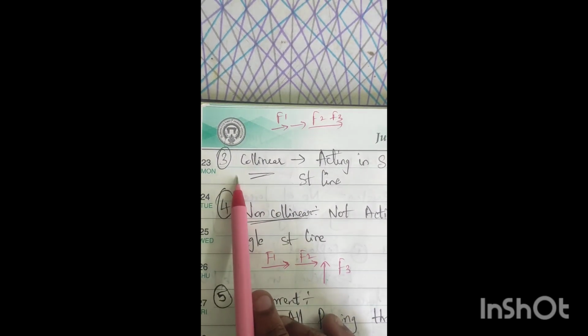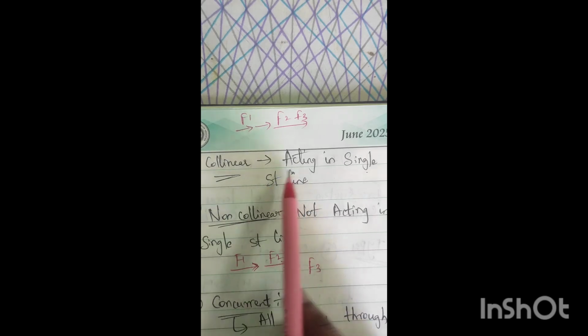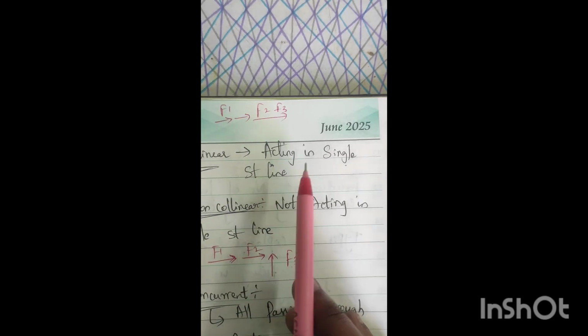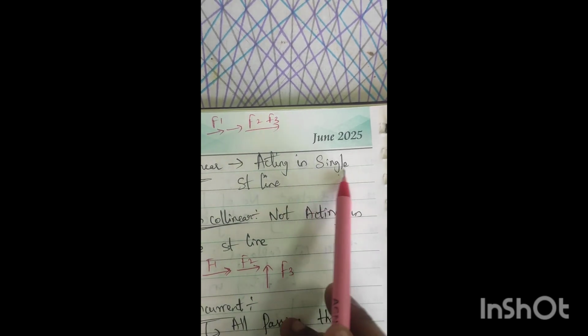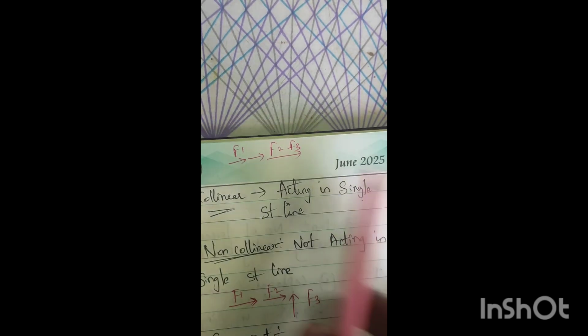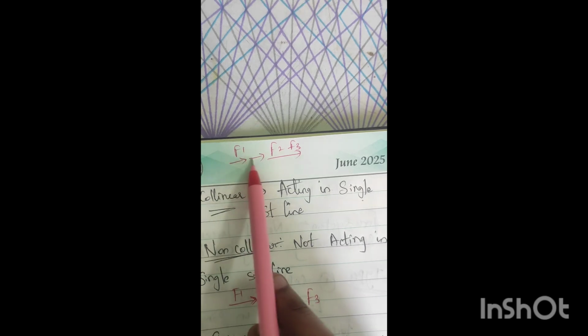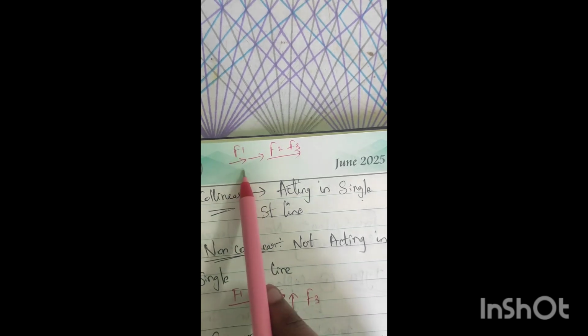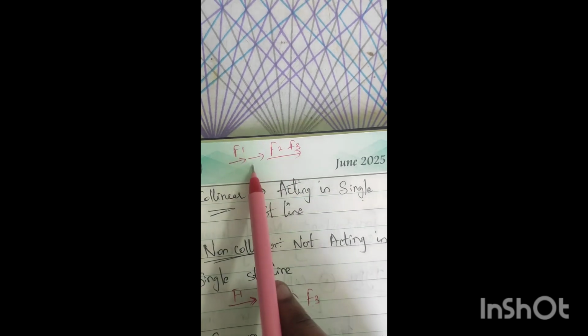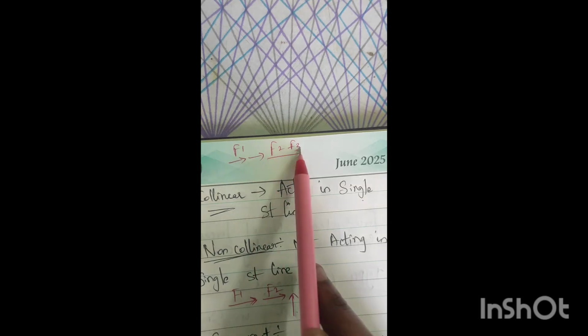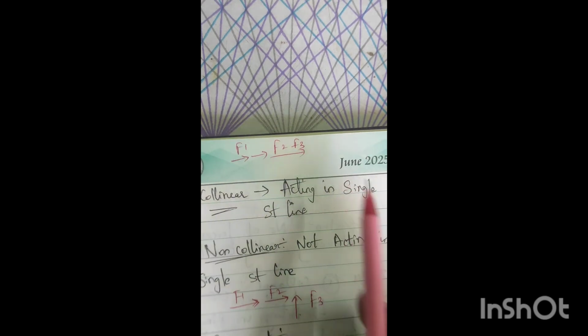The next one is collinear forces. Collinear forces means forces acting in a single straight line. For example, see here: in the horizontal direction, the F1 force is acting, the F2 force is also acting in the same direction, and the F3 force is also acting in the same direction.